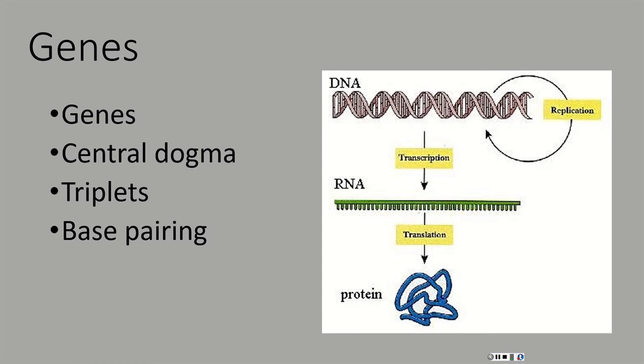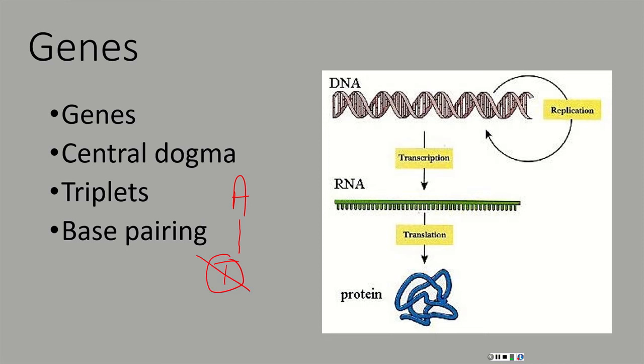Instead, there is uracil, U. So if we have an A of DNA and we want to pair it with a piece of RNA, well, we could put a T there because A and T always go together, but that would be wrong.